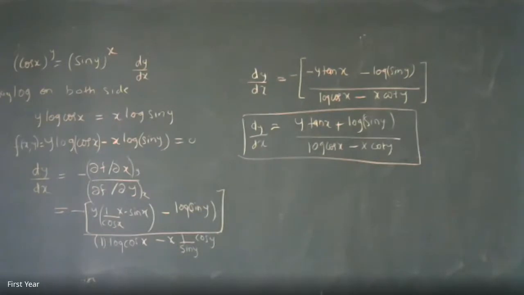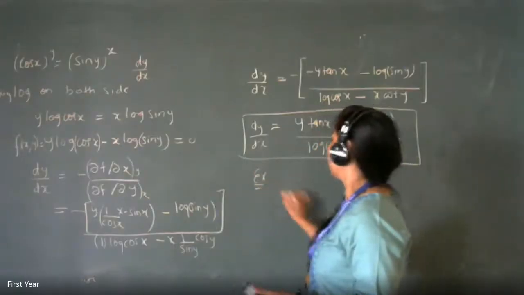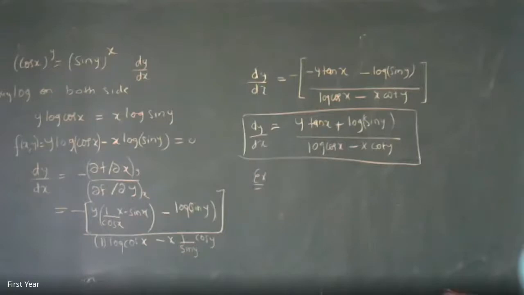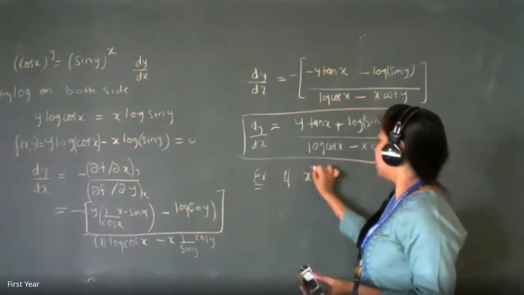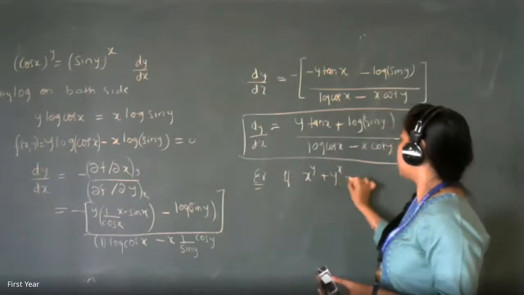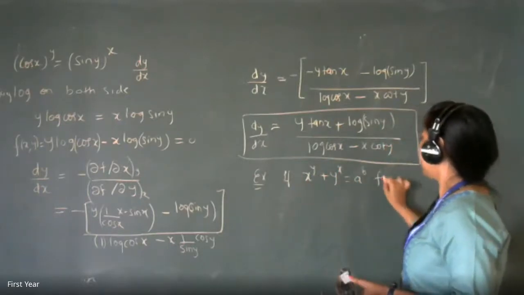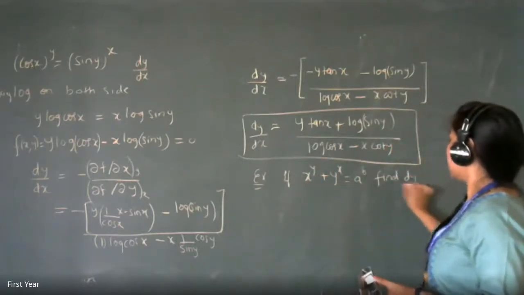Okay? Fine? Yes, ma'am. Okay. You try now another example that I am giving you next. Again, I will give you some simple example only. If x raised to y plus y raised to x is equal to a raised to b, find dy by dx.